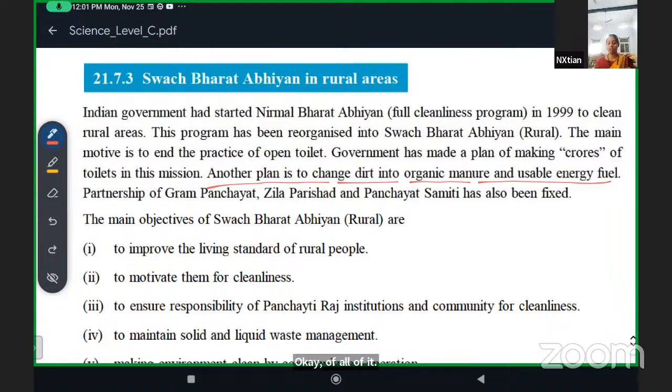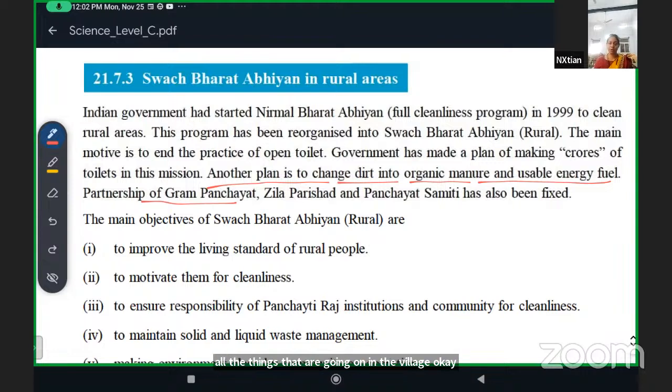Now, the partnership of Gram Panchayat, Zilla Parishad, and Panchayat Samiti has also been fixed. We have some bodies in the village, some systems that take care of all the things going on in the village, such as the Gram Panchayat.